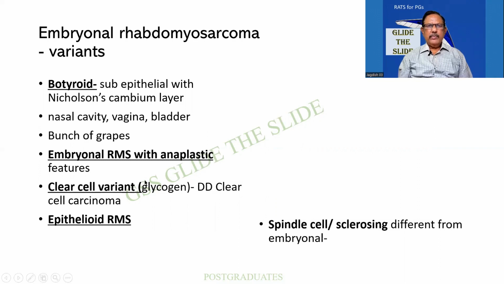In this case, we will have to rule out a clear cell carcinoma, particularly as a metastasis from elsewhere or from any other organ. Epithelioid rhabdomyosarcoma. So these are some of the variants. Spindle cell and sclerosing, although given as a variant, they say it differs from embryonal rhabdomyosarcoma. This class is restricted only to embryonal RMS.